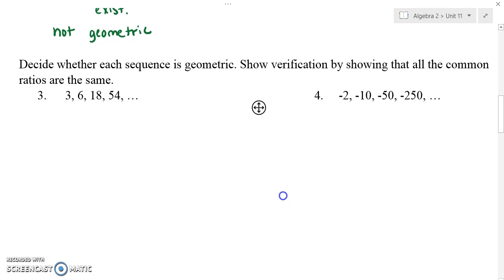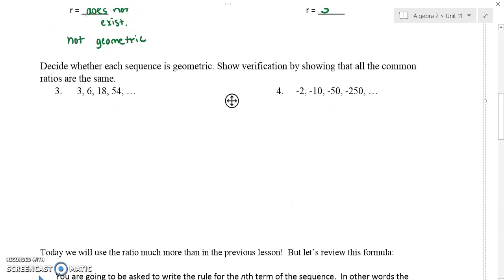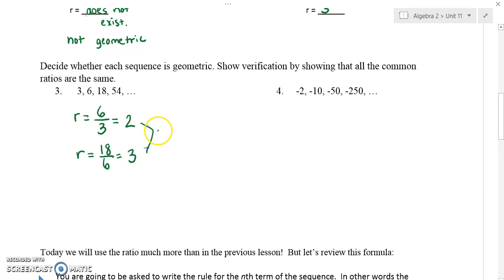It says here, decide whether each sequence is geometric. Show verification by showing that all the common ratios are the same. So we're going to do the same thing that we just did in the problems above. So I'm going to try to figure out what the common ratio is by doing the second number divided by the first number. And 6 divided by 3 is 2. And I'm also going to do the third number divided by the second number, which is 3. Now, since these are not the same number, we can say the following.